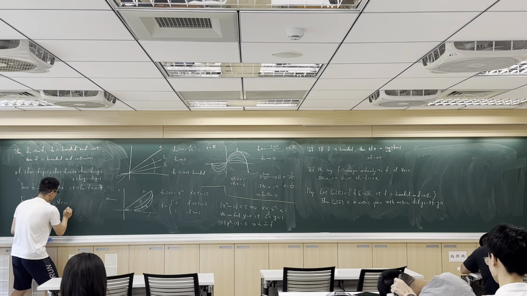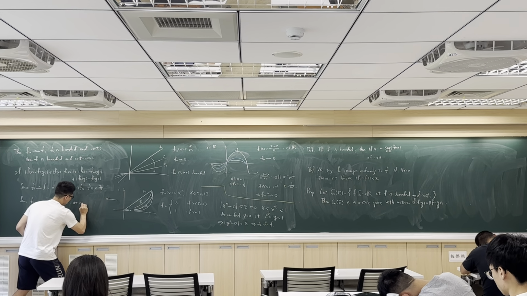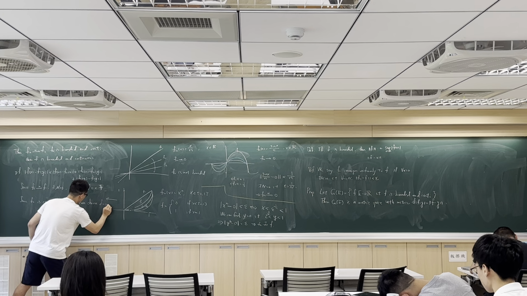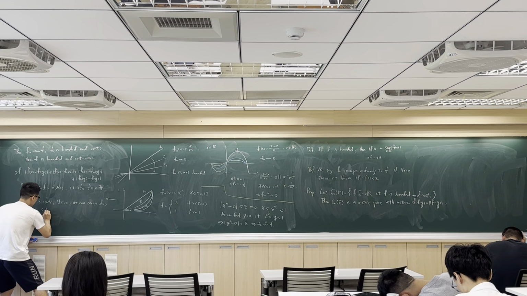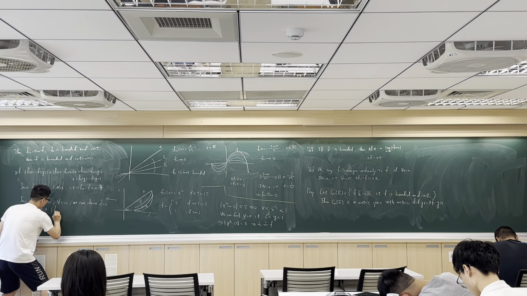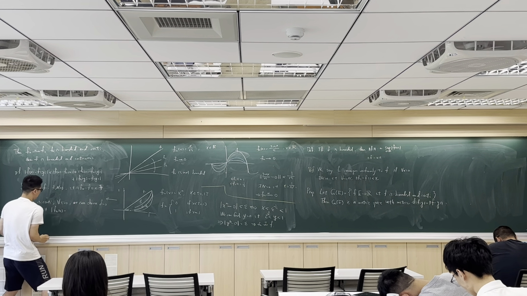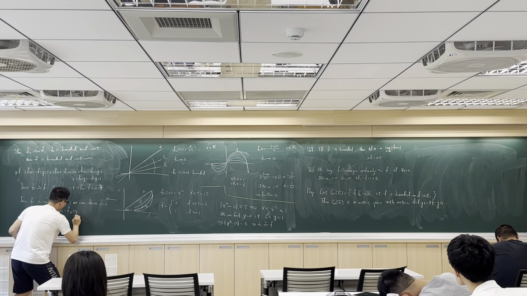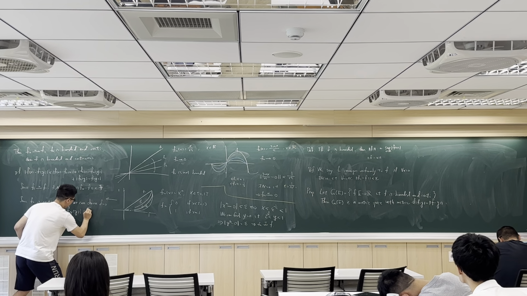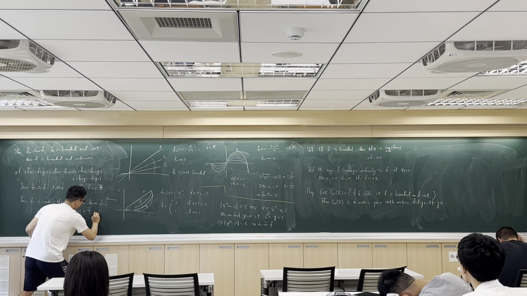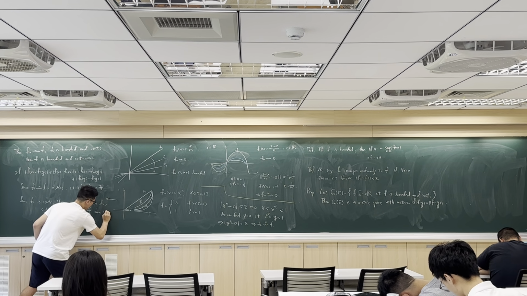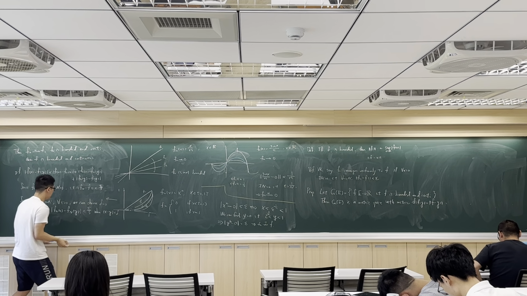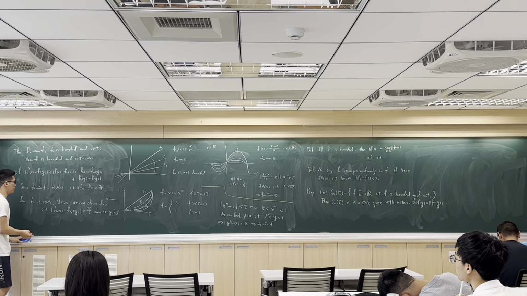So for every epsilon larger than 0, we can choose delta larger than 0 such that Fnx minus Fny is less than epsilon over 3 when x minus y is less than delta, from the definition of continuity.